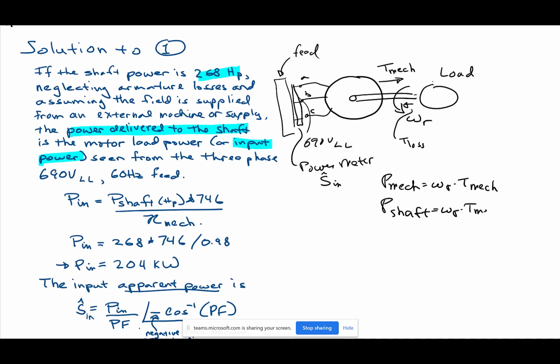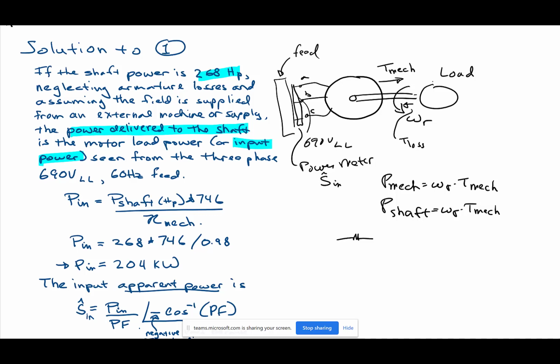So there's a relationship between power and torque that you can use to find torque or power.